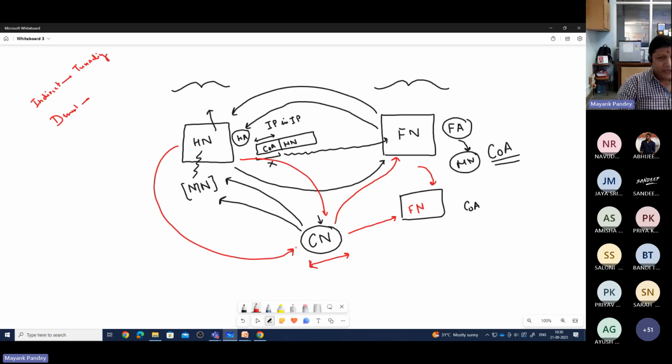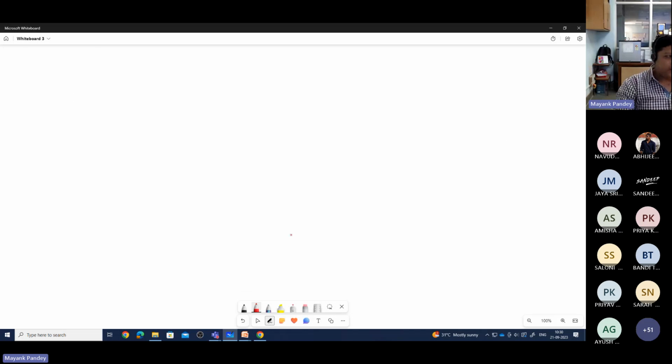If we see the internal detail, there are three basic processes. One is agent discovery. The other is registration.